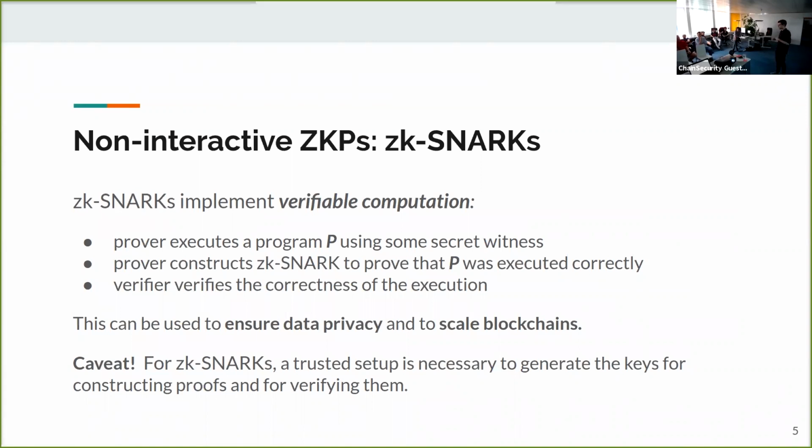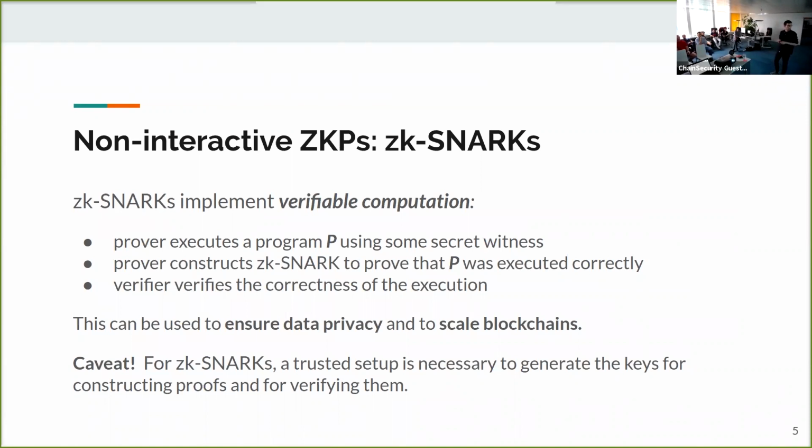After he's executed the program P and obtained some output, he would also construct a zero-knowledge proof, a ZK-Snark here, which will attest that I have actually executed this program correctly. He will then send the output and the ZK-Snark proof to the verifier, which then will be able to verify that this has been computed correctly. And he can store the output or do whatever he wants with the output.